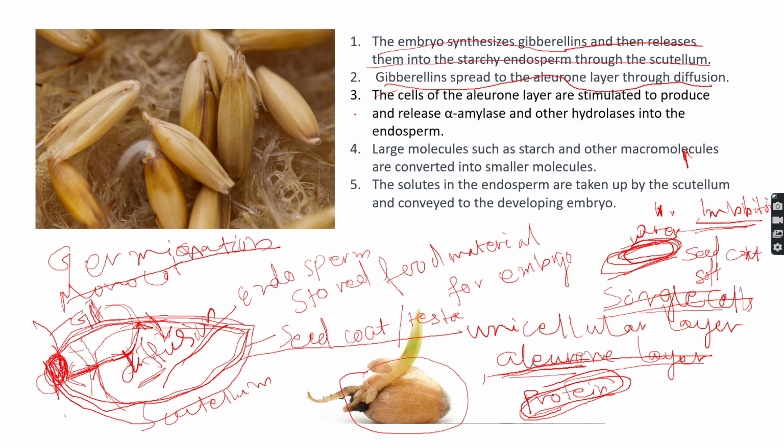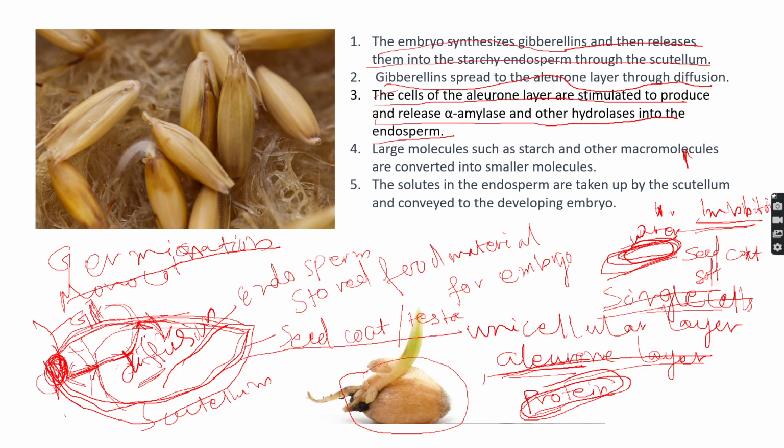So through the diffusion process, gibberellic acid is moving from embryo to scutellum, from scutellum to endosperm, from endosperm to aleurone layer. The cells of the aleurone layer are stimulated to produce and release alpha amylase and other hydrolases into the endosperm.